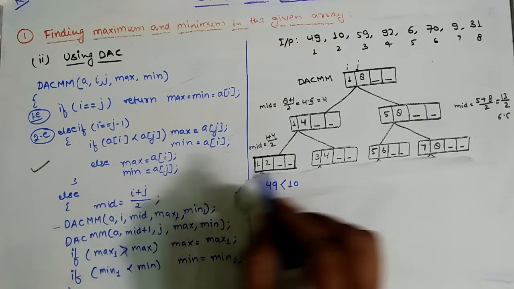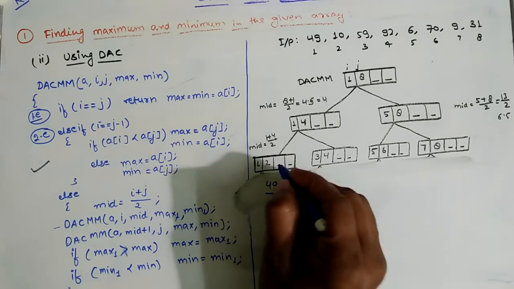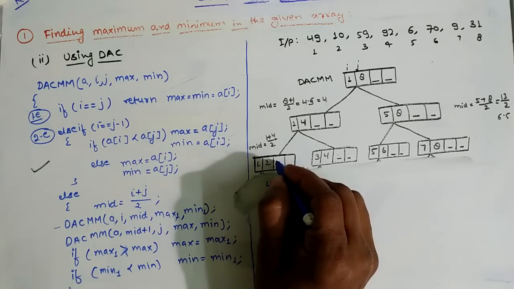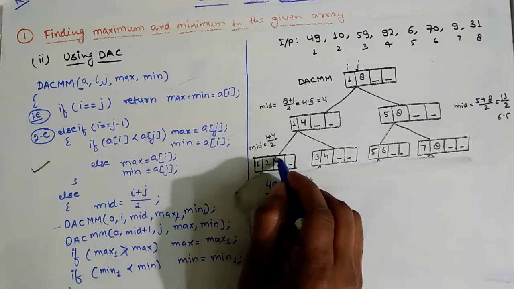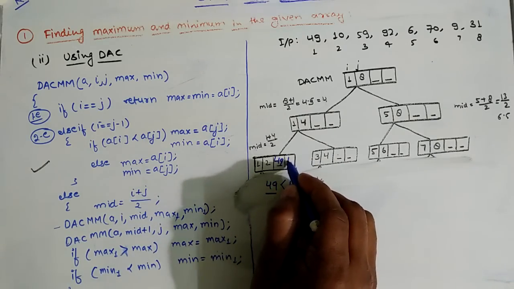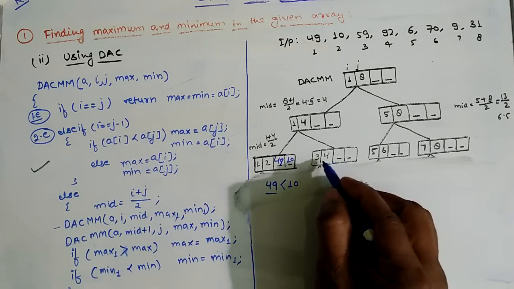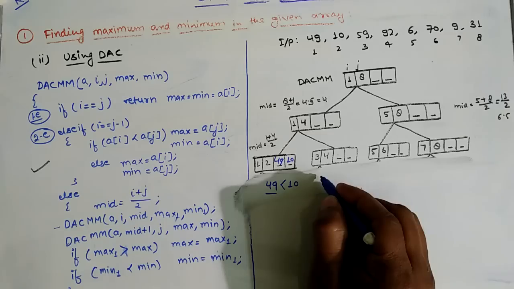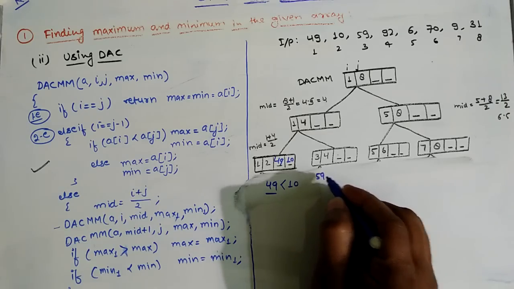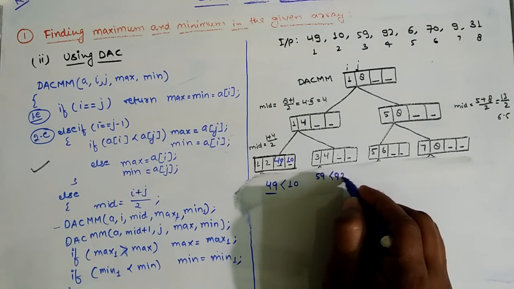I just write max is equal to a of i, so a of i means 49. If I consider the first block as the maximum, I just write here 49. So max is equal to 49 and min is equal to 10. Similarly, I will check for 3 and 4. For 3 and 4, just check if 59 is less than 92.